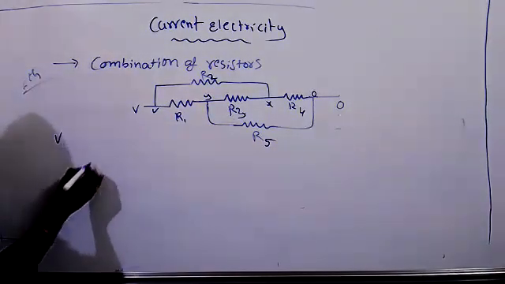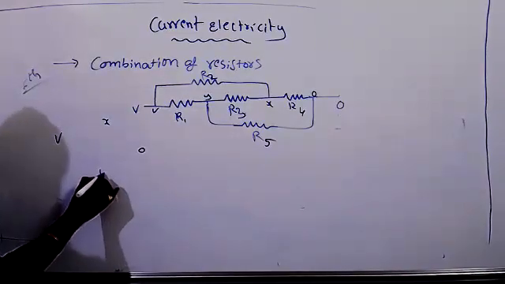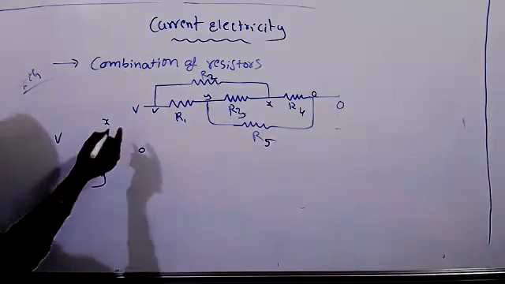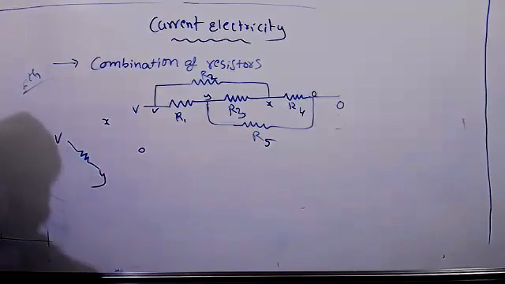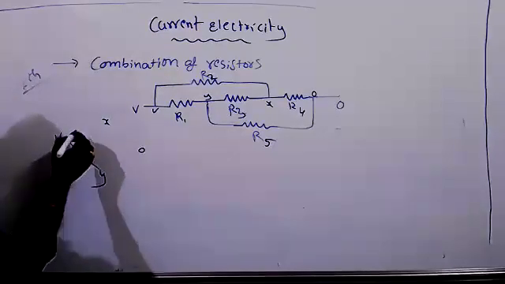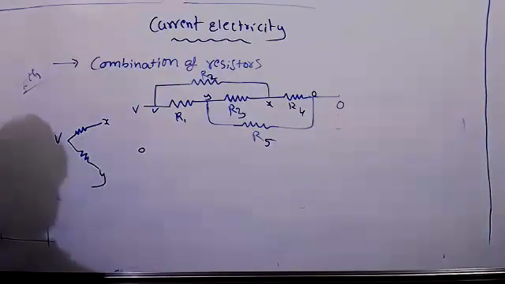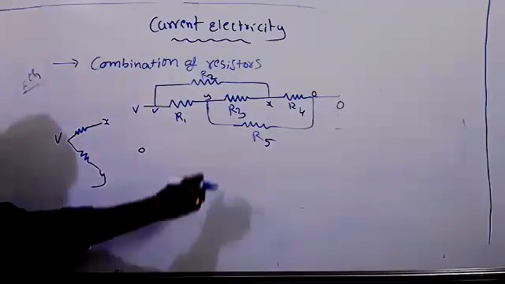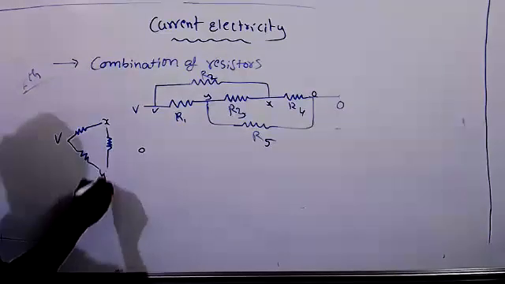V, X, O, Y. First resistor V and Y. Second resistor V and X. Third resistor in this type.